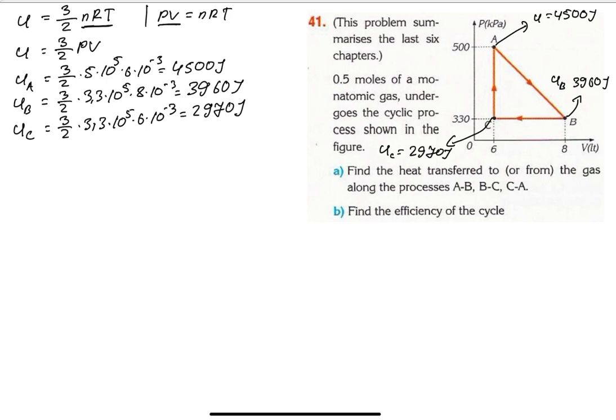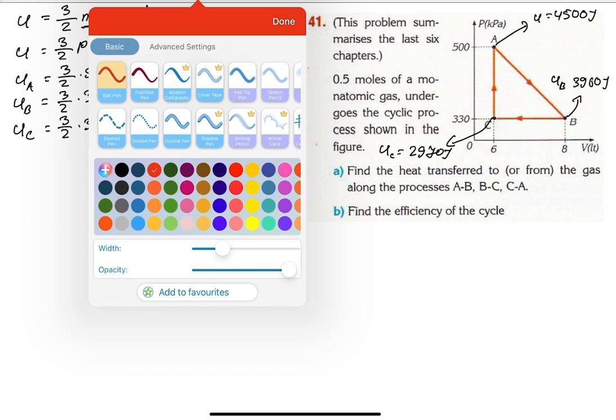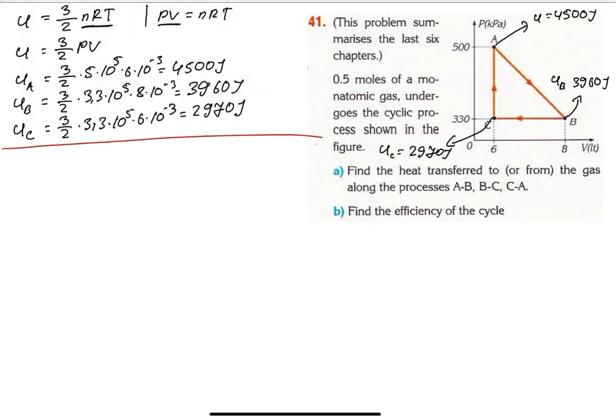And the next step, our question is to define the heat transfer. So that means we're going to use the first law of thermodynamics, which is Q is equal to delta U plus work done by the system. Instead of work done by the system, I can put area. If it is expanding, it will be work done.